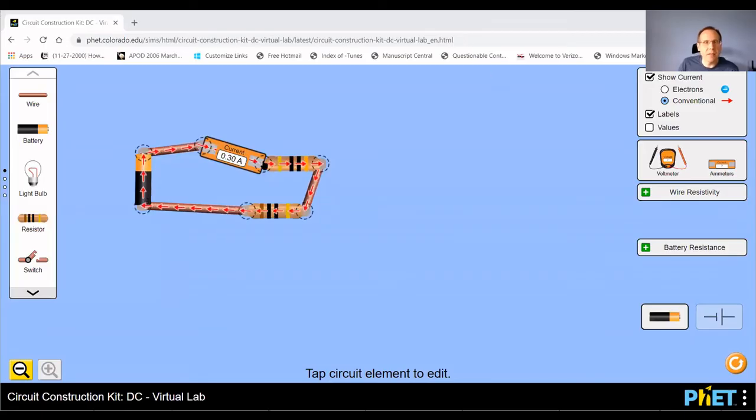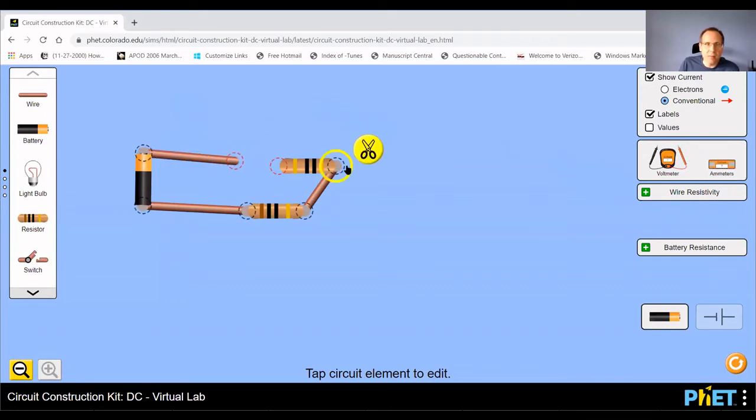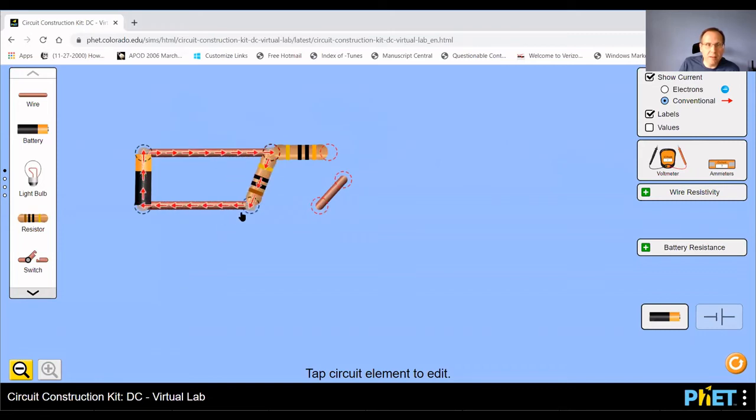So it's going to be something like this. Let me get rid of the ammeter for now. Cut that out. So I want one resistor like this.